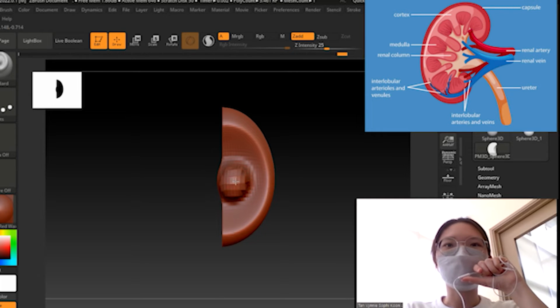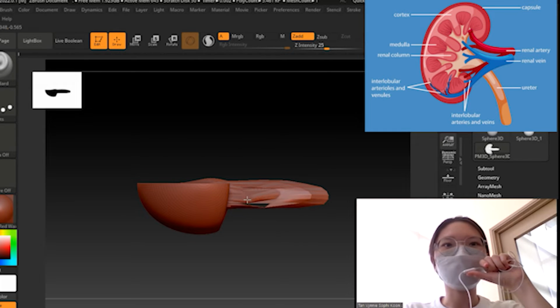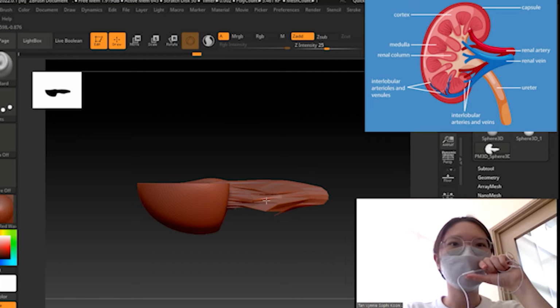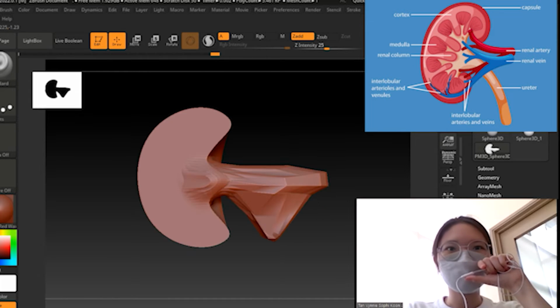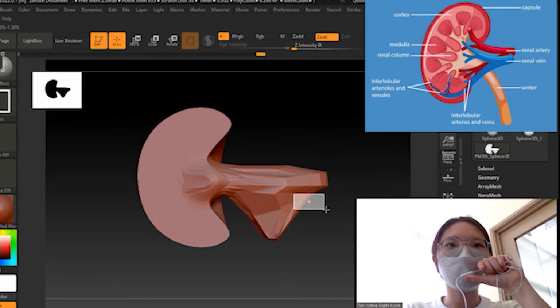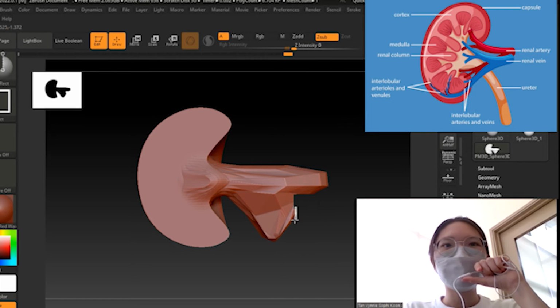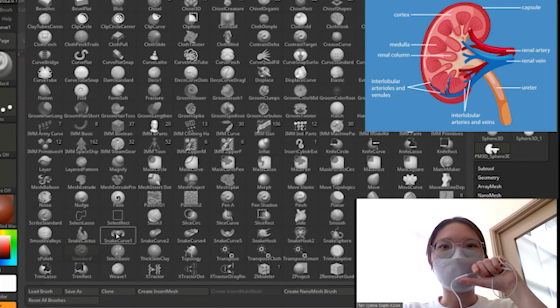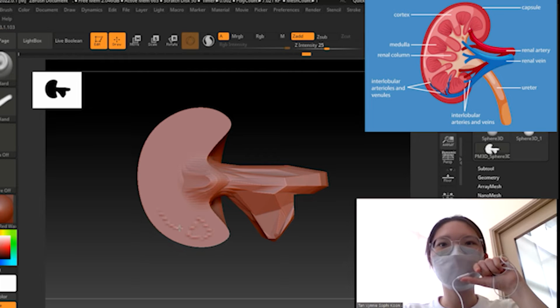Now I'm drawing the renal artery, renal vein and renal pelvis. Blood containing waste enters the kidney from the renal artery, and filtered blood leaves the kidney through the renal vein. Inside the kidney are a number of pyramid-shaped lobes, each consisting of an outer renal cortex and an inner renal medulla. Nephrons flow between the sections.